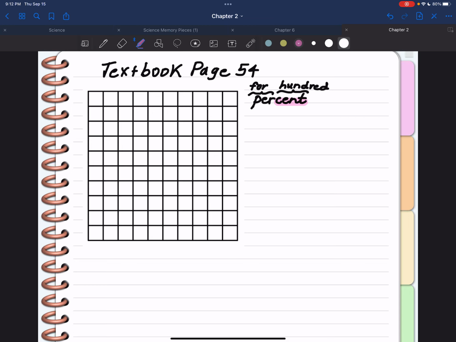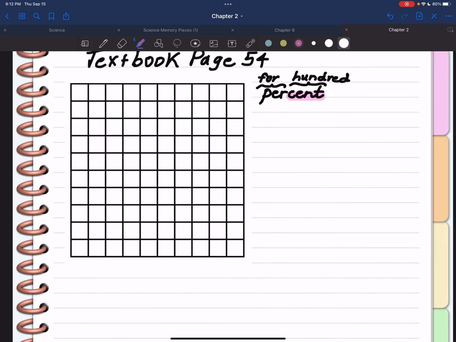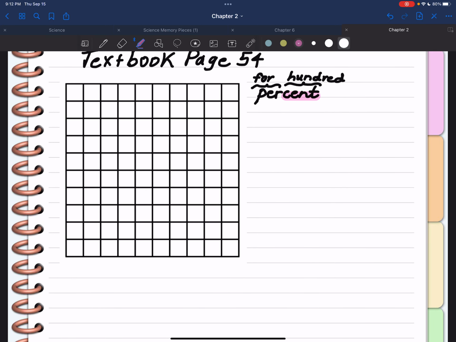So if you take a look at this base 10 block with me, and this is in the textbook, the first example I want to look at is this one, where they have shaded in blue. I believe that's blue. Or maybe that's green. I can't tell. But this is 5%.